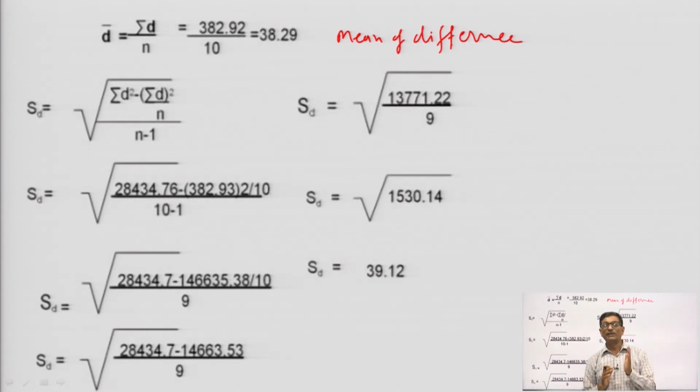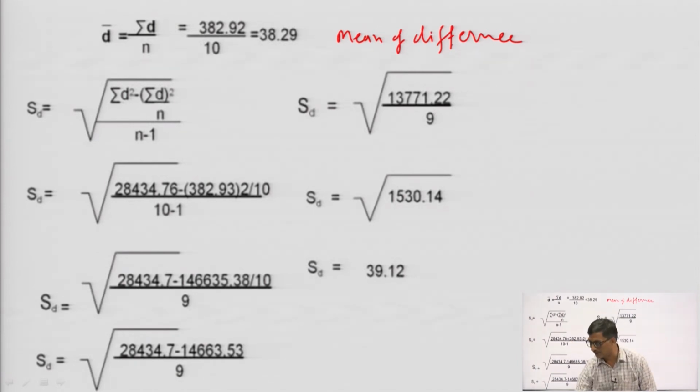So, the mean of the difference d bar is 38.29. Now, we find the standard deviation for the difference values. So, this will be equal to summation d square minus summation d whole square divided by n. This is the sum of the square of the differences, which is equal to 28,434.76.